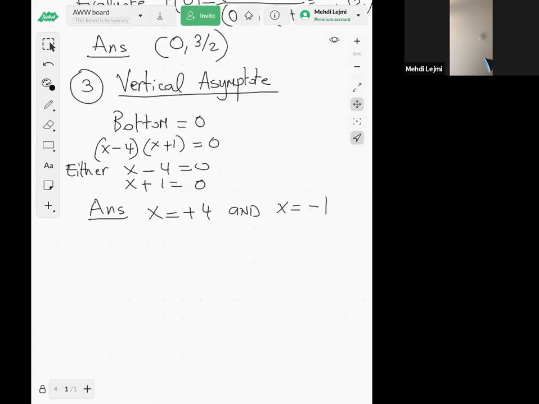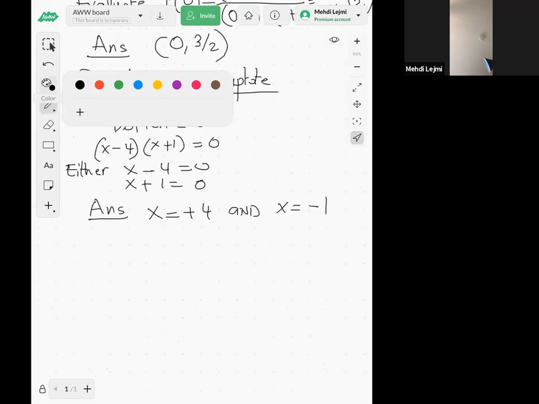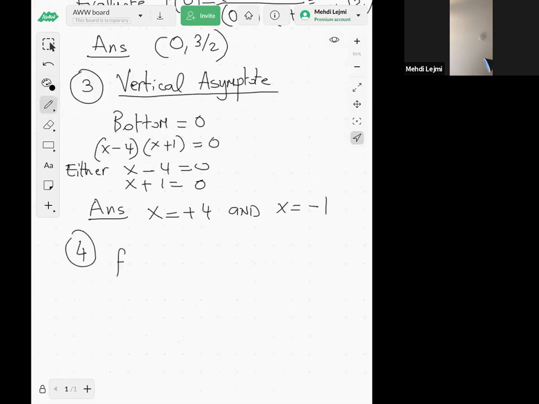So the horizontal asymptote, guys, we said we're supposed to compare the degrees of the top and the bottom. This is of course x minus 2 times x plus 3 over x minus 4 times x plus 1. You have to expand the top because you want to figure out the degree of the top.